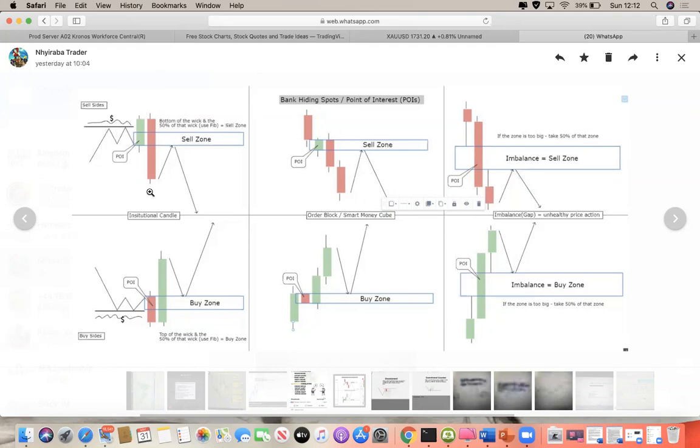So if you look at where my cursor is right now, you can see there is something like an M, right? And on top of the M, we drew a horizontal line. There we have a green candlestick. On some of your charts, you have a bullish candlestick, then an engulfing red, bearish candlestick.